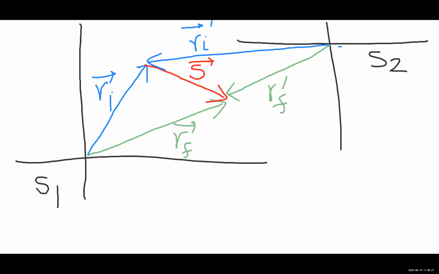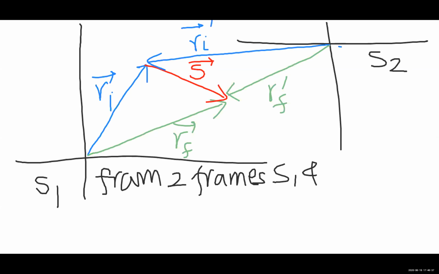So from two frames, S1 and S2, the position vector, right?